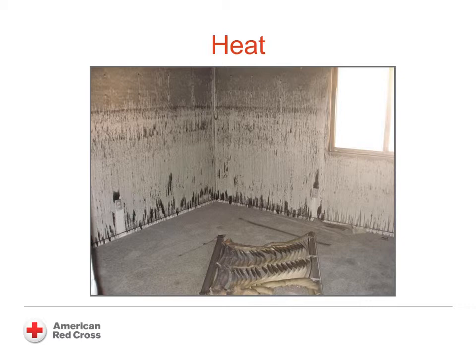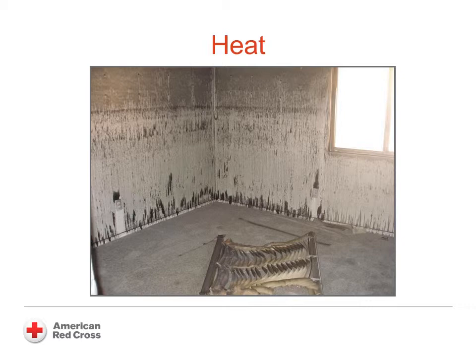The next one is heat damage, and heat damage is kind of tricky. We're going to talk a little bit about heat damage coming up when we go into the section where we actually conduct assessments, what physical locations and rooms. But here's an example, as you can see in the picture, of heat damage illustrated by the melted blinds on the floor.